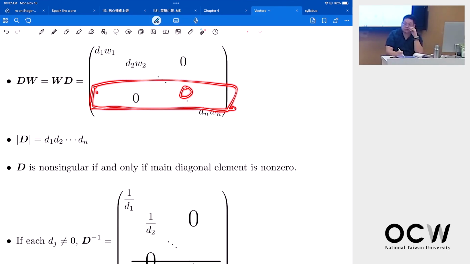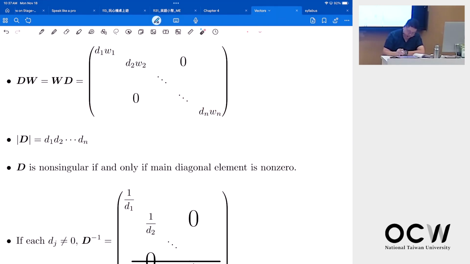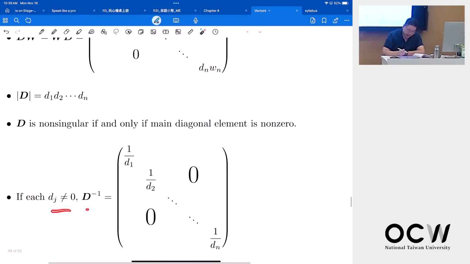If you have all zeros in a row, then you cannot find an inverse matrix, which also means that it is singular. It is not non-singular. Okay. So since I have values in the main diagonal elements, then I can get my inverse.